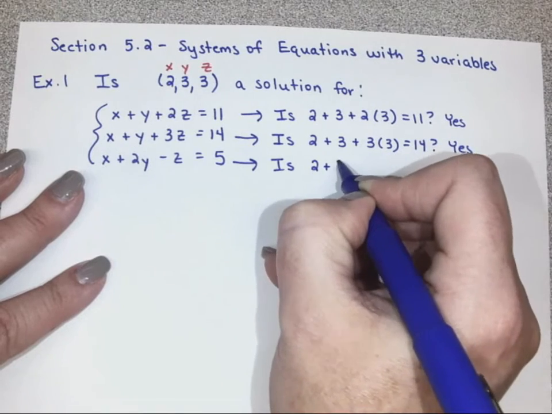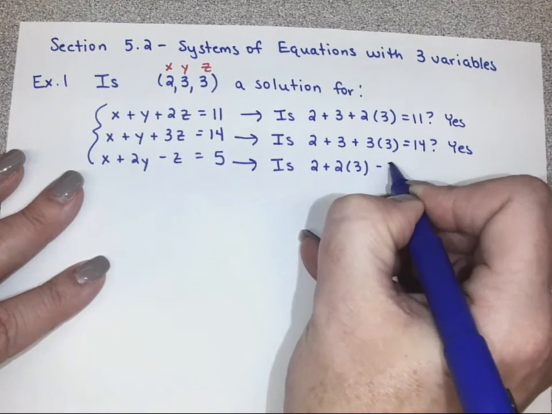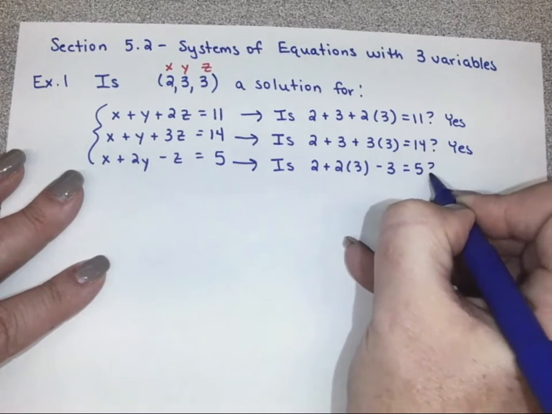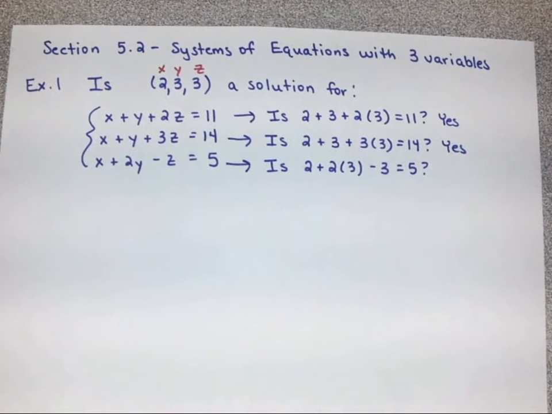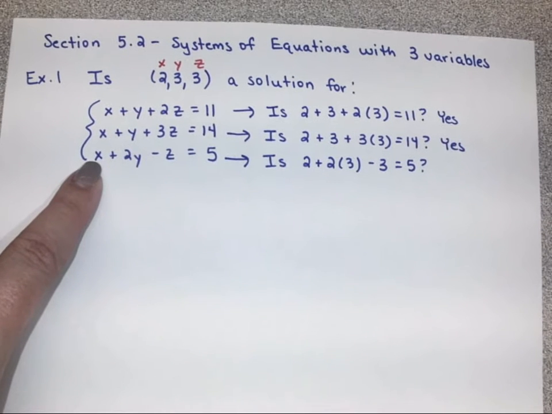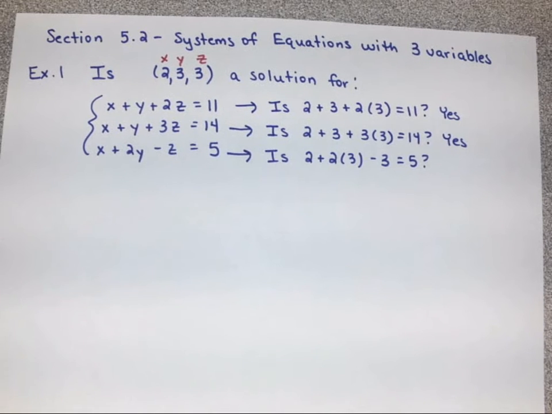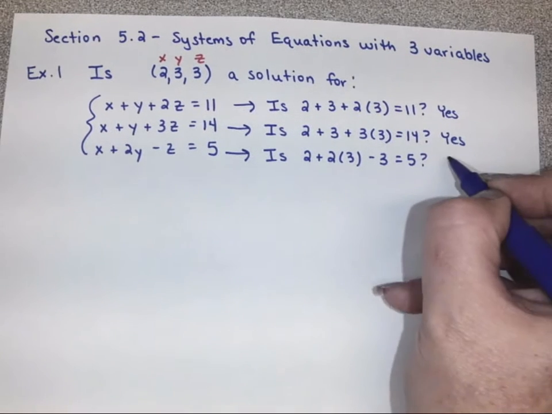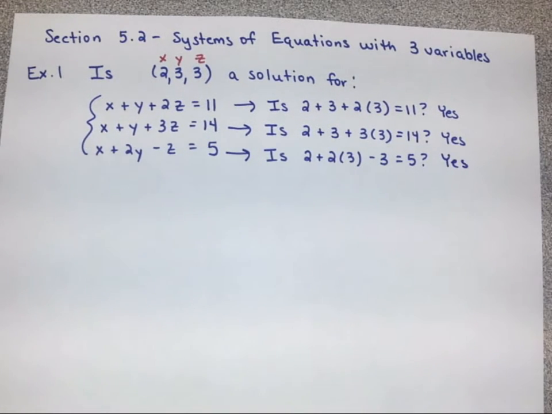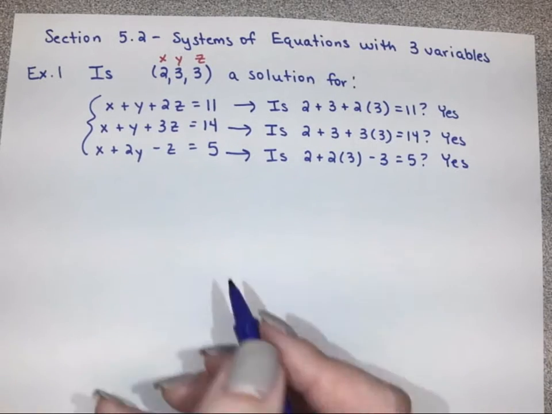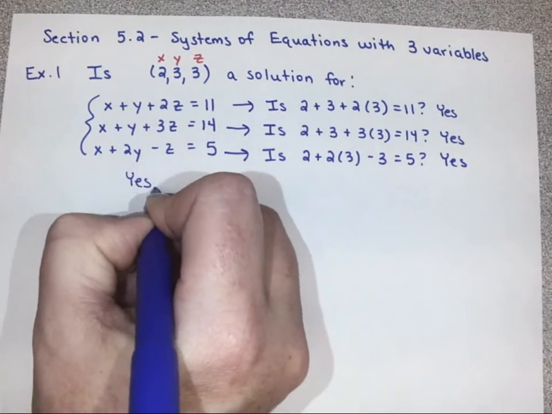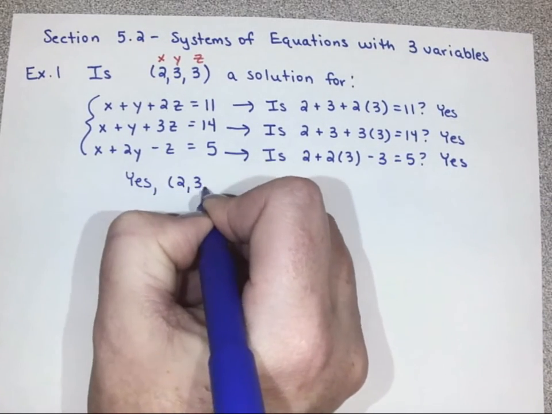Is 2 plus 2 times 3 minus 3 equal to 5? So notice I'm using this equation this time, right? So 2 times 3 is 6, 2 plus 6 is 8, minus 3 is 5. That one works too. So the fact that it works for all 3 means what for our final answer? Yes, it's a solution, right?